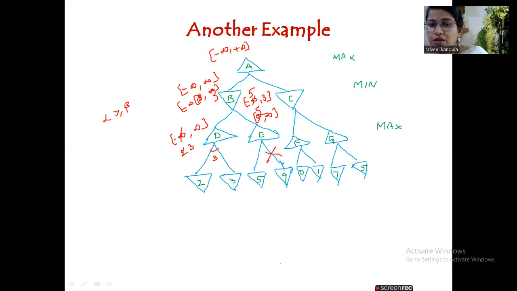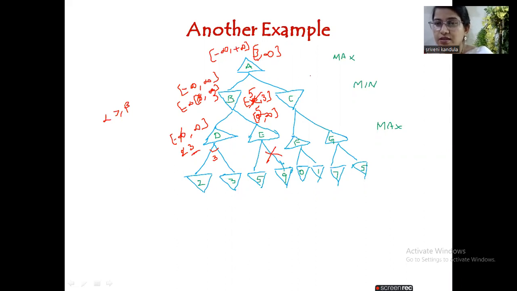So what is the value that we have? This is a maximizing player, so this value we are not going to update. This we will not even consider. The value that we have at the max player is 3, infinity, so that we will be updating here. And now we are trying to check, do we have any other value which is greater than this?